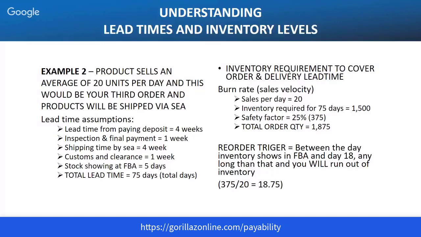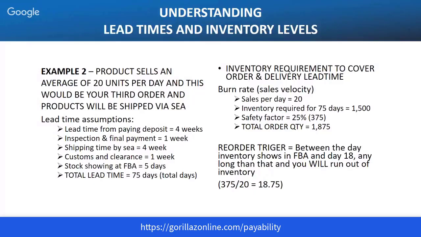You've also got paperwork and logistics once that vessel docks in America. You've got all of the customs and clearance to go through, so again, we're talking about a week there. And then stock showing up in FBA about 5 days. So these are all sort of thereabouts. So total lead time now, because we're going on the sea and we're ordering a little bit more, obviously, is 75 days.